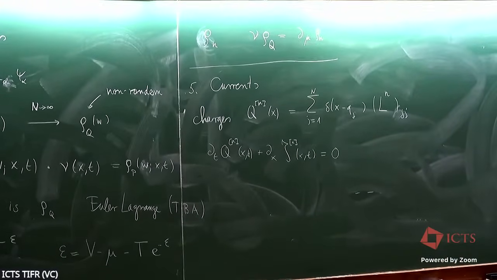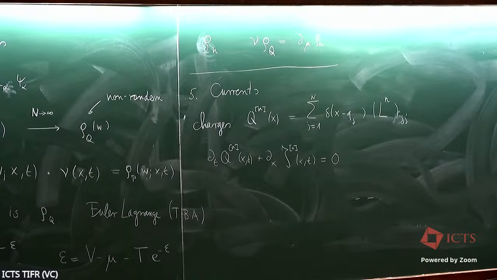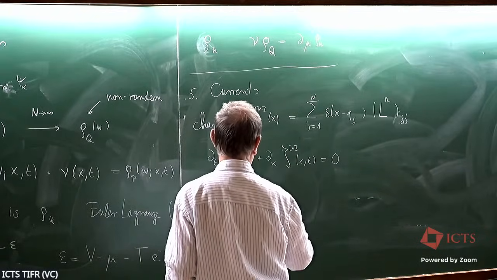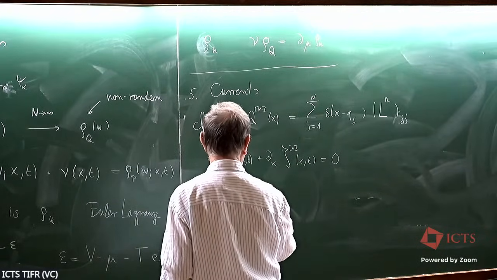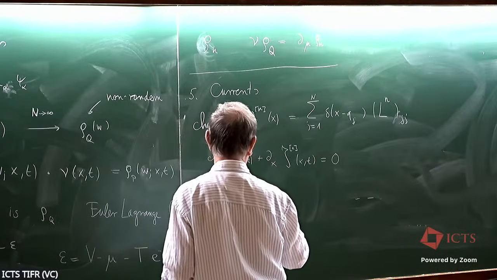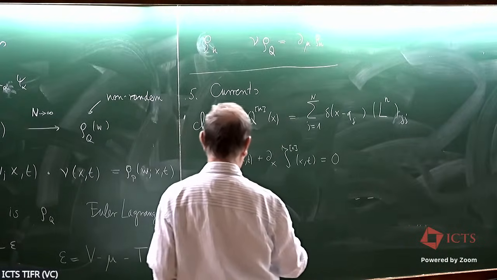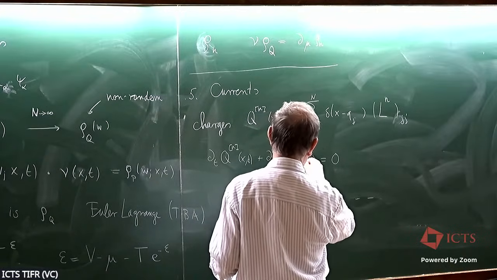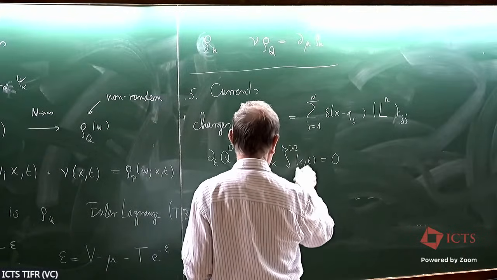Okay, so let's see what we have to do here. This is sort of the hydrodynamic procedure. What we want to know is actually, in the steady state, what is the average current? Now, these things are translation invariant.